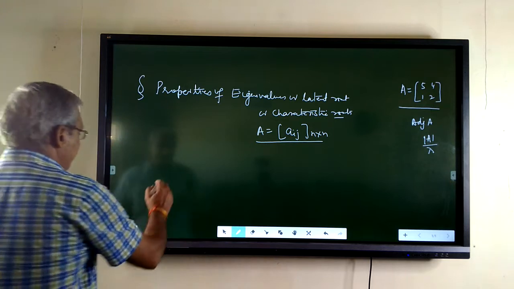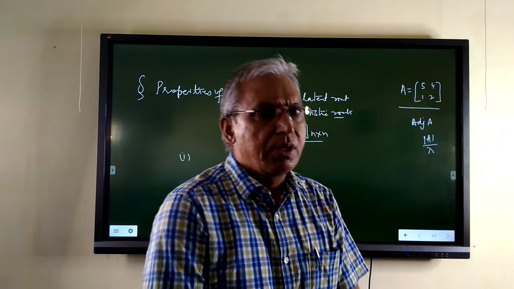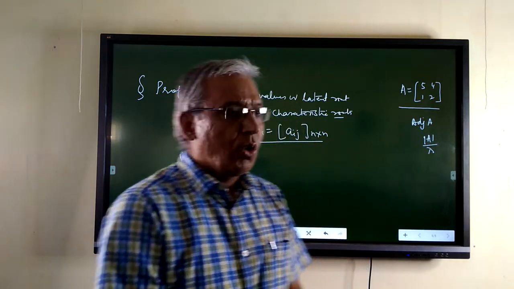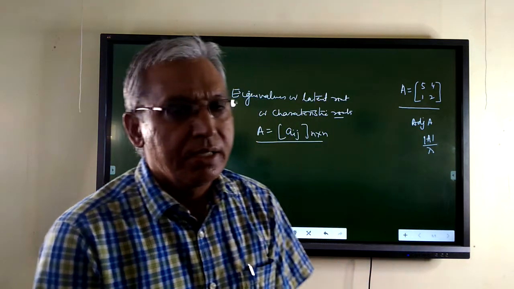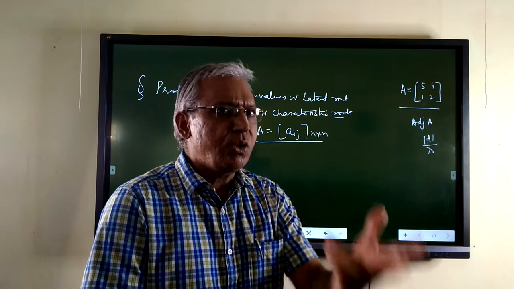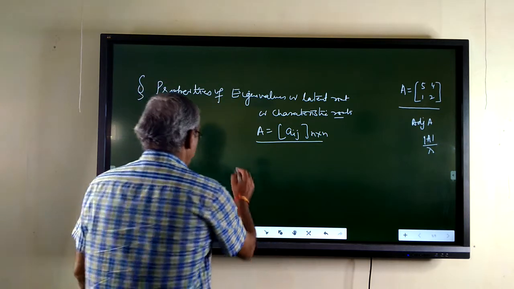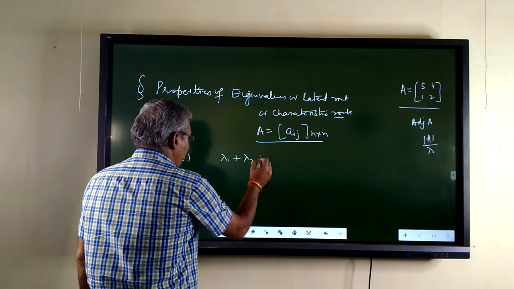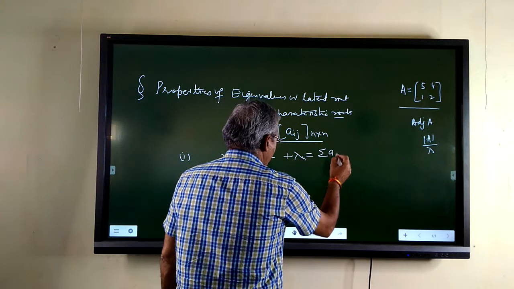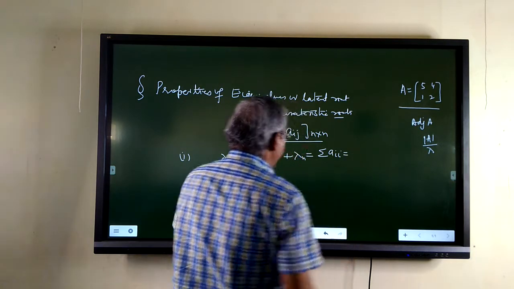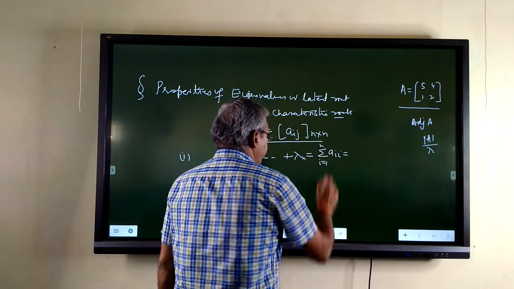First property: the sum of the eigenvalues of the given square matrix A is equal to the sum of the elements of the principal diagonal, that is lambda 1 plus lambda 2 plus and so on plus lambda n equals the summation of a_ii for i equal to 1 to n.